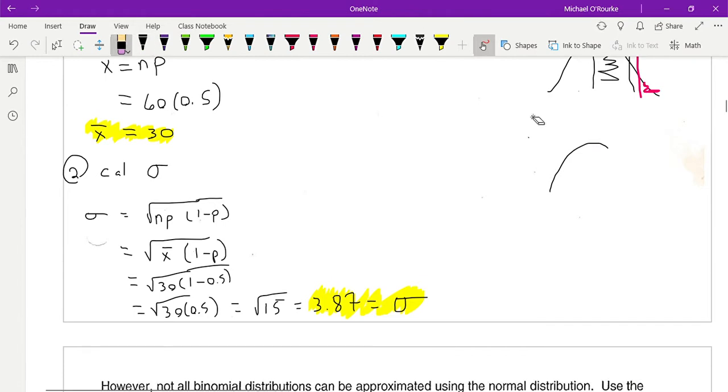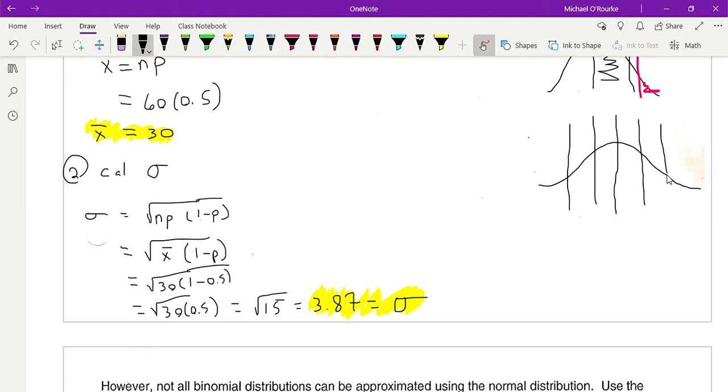If you remember back to the first week, so each one of these spaces is about 3.9 apart from the mean.